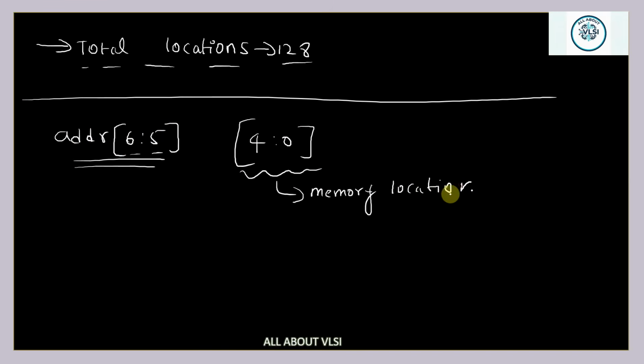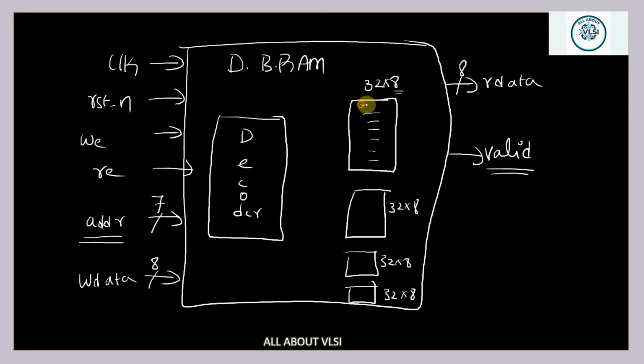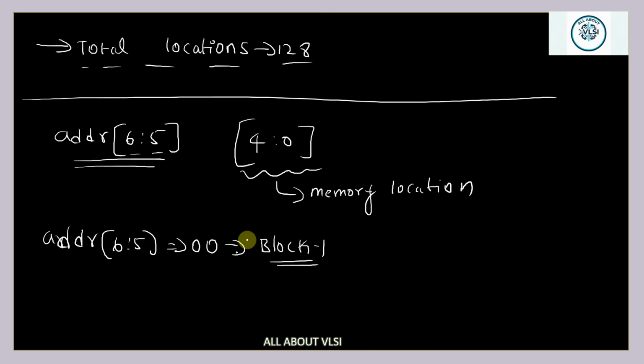For example, if address of 6 down to 5 is equal to 00, then I'm going to select block number 1. In this block number 1, which particular location I want to write is decided by address of 4 down to 0.